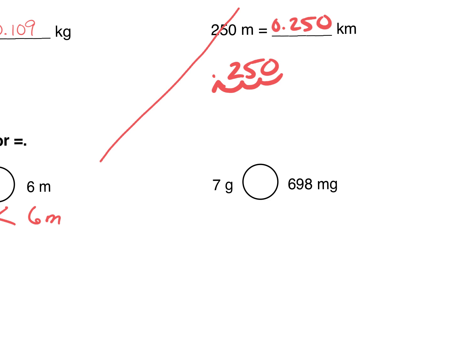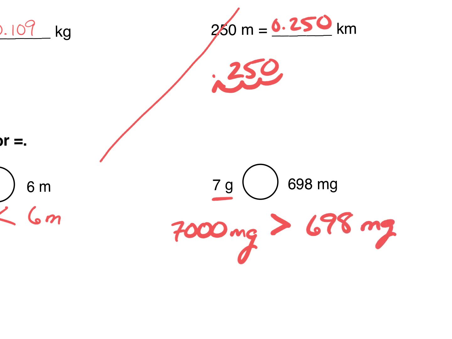Why don't we try converting this to milligrams? 7 grams is going to be 7,000 milligrams. Obviously, that's going to be way bigger than 698 milligrams. You can see how, in order to compare these numbers, you've got to convert so that the units are the same.